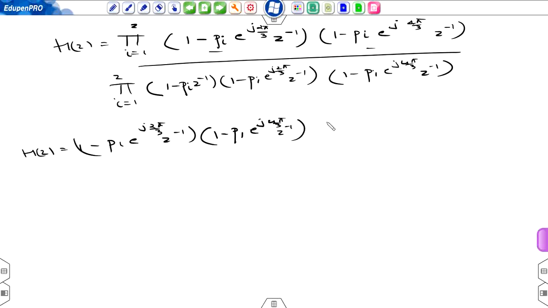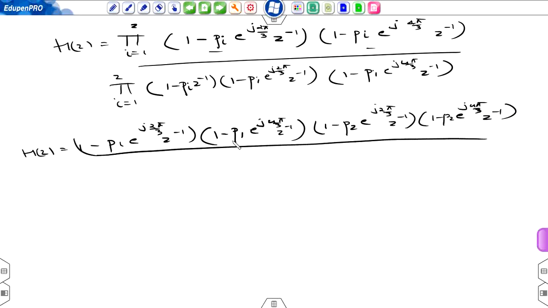Now putting i equal to 2, so 1 minus p2 e raised to power j 2 pi by 3 z inverse, 1 minus p2 e raised to power j 4 pi by 3 z inverse. In the denominator, 1 minus p1 z inverse, 1 minus p2 z inverse, and this term as it is, 1 minus p1 e raised to power j 2 pi by 3 z^-1.